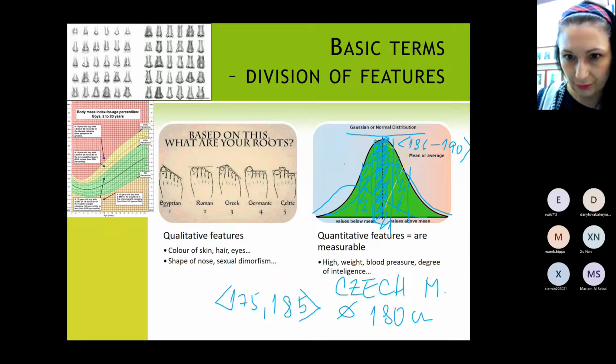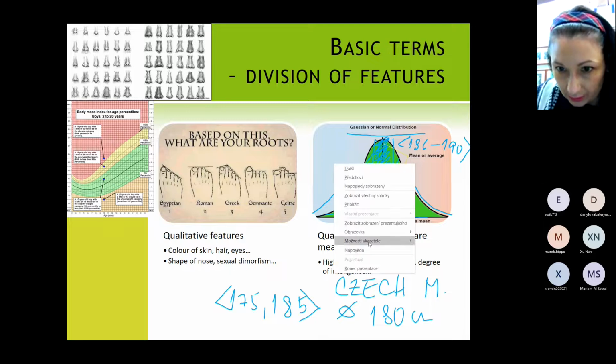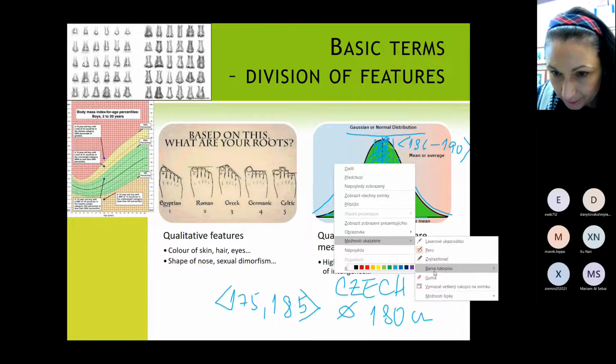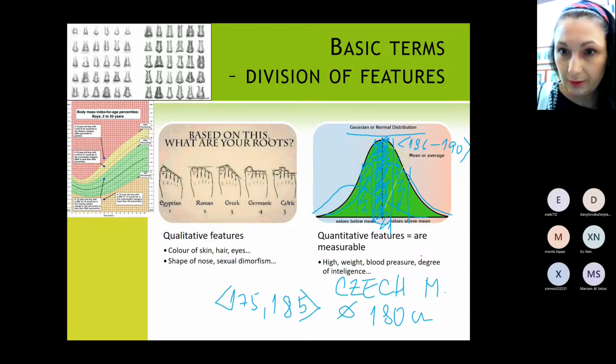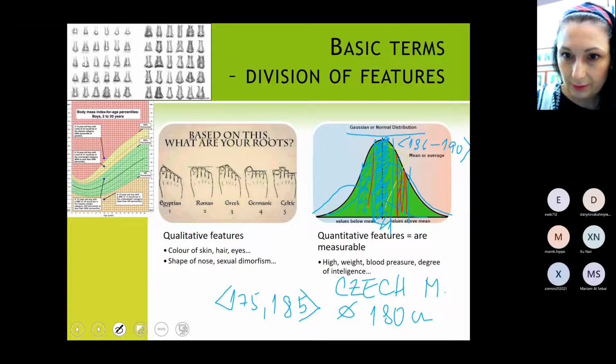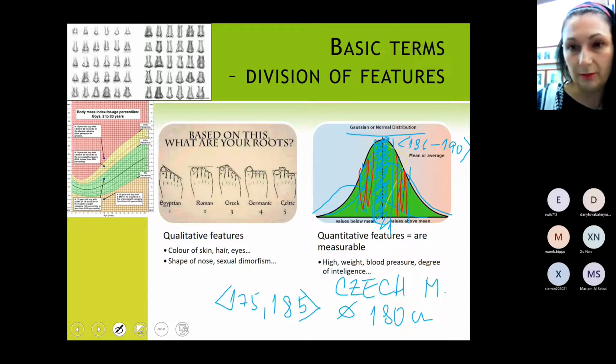Okay, and the same part will be a little bit smaller. I will use a different color, sorry. Okay, green. So this part will be, for example, this is just an example, 170 to 174.